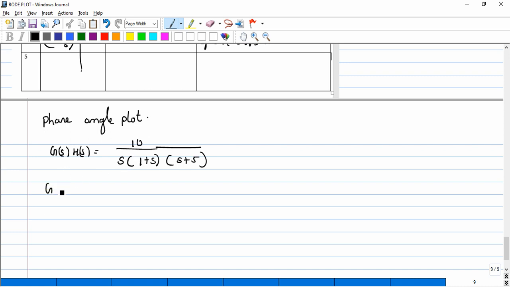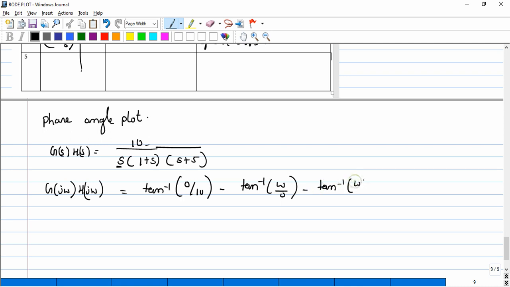Let me consider s as j omega, G of j omega H of j omega, and the angle condition for this particular value will be tan inverse of 0 by 10 minus tan inverse of omega by 0 followed with tan inverse of omega by 1 and tan inverse of omega by 5.